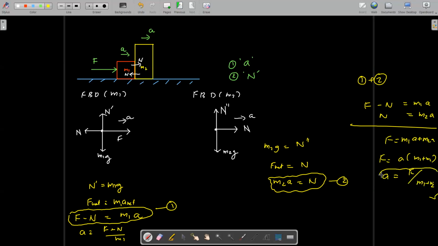So here the acceleration of the body is equal to the force applied divided by the total mass of the system, right? And the normal reaction is equal to m2 into the acceleration. All right, so this is how we solve this problem.